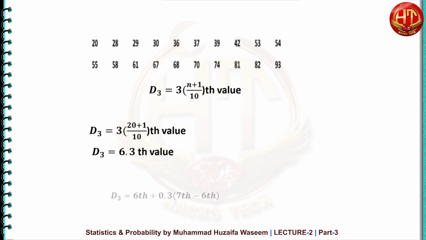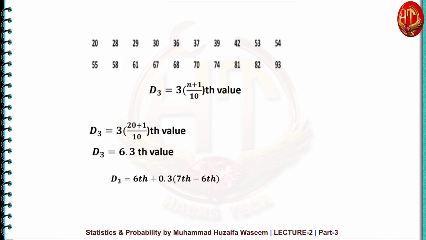Your formula is 6th value plus 0.3 times (7th value minus 6th value) in the given series. So what is your 7th value and 6th value in the given series? Your 6th value is 37 and the 7th value is 39.